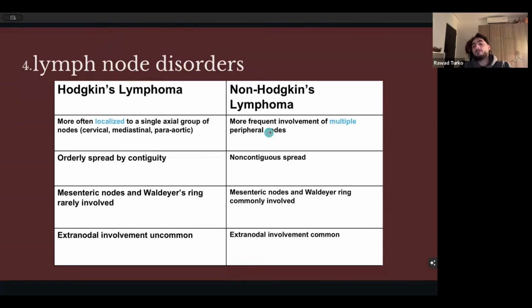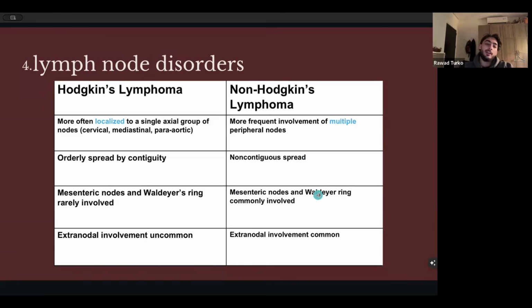Okay, so there's more frequent involvement in multiple peripheral nodes. You're going to get non-contiguous spread, which means it's not going to go from just one lymph node to the subsequent lymph node, like in your anatomy. It could just go all over the place. It will involve your mesenteric nodes and your Waldeyer ring.